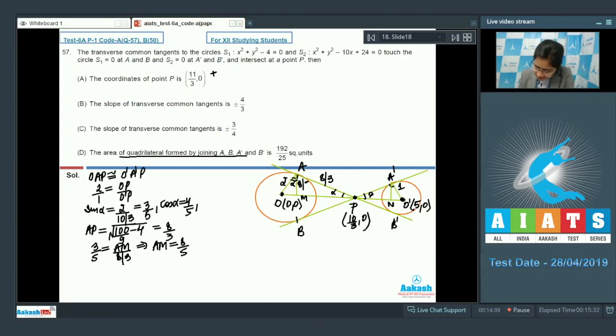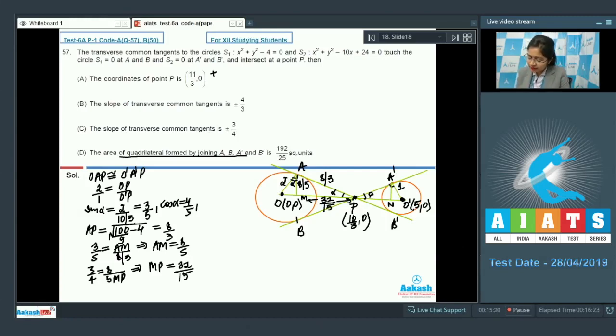Value of AM is 8 by 5. Now let's find the value of MP. So tan alpha, that is 3 by 4, is equal to 8 by 5 upon MP. Now the value of MP will be equal to 32 upon 15, right? So the value of MP is 32 upon 15.